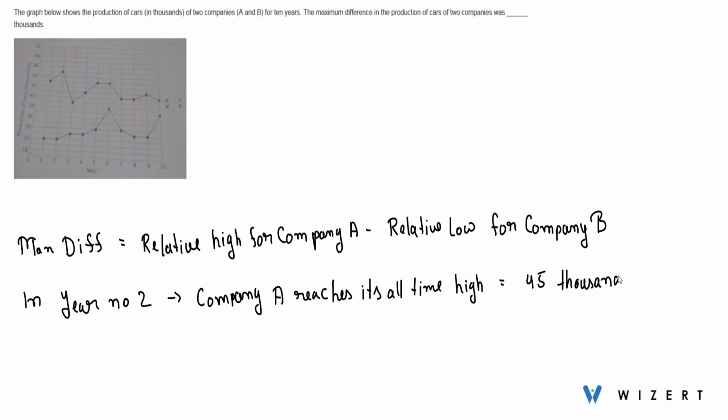And in the same year, company B reaches its all-time low, which equals 32,000.